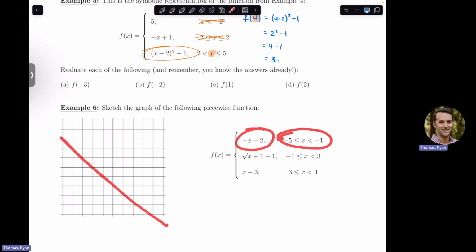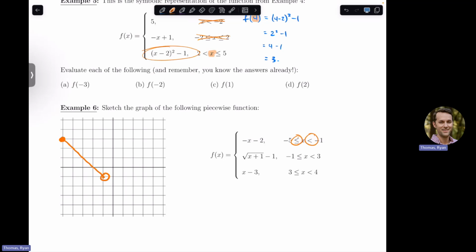And then this just tells you to cut the endpoints off, so at -5 and at -1, I would just get this little chunk. This is closed. This is open.